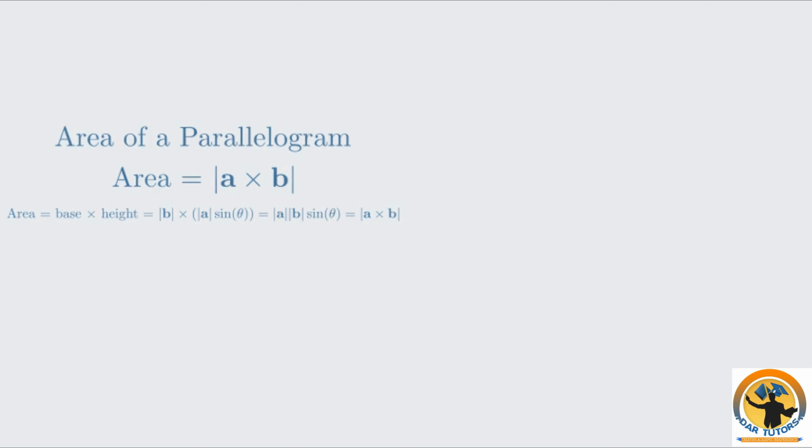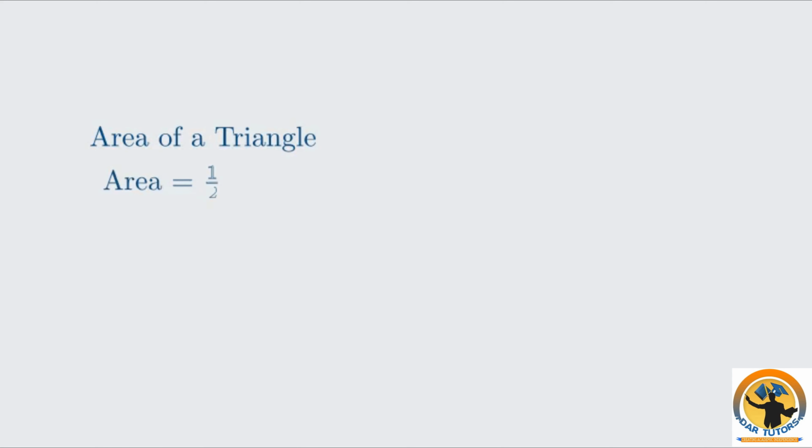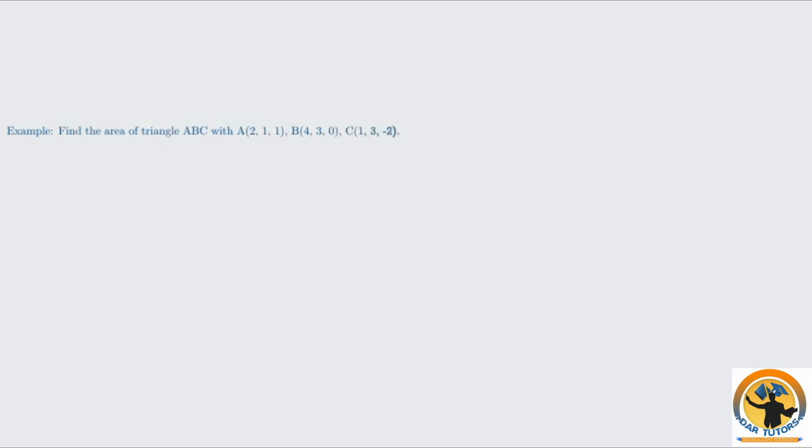Since a triangle is half of a parallelogram, the area of a triangle defined by two vectors A and B is half the magnitude of their cross product. Let's find the area of a triangle given its vertices. We want to find the area of the triangle with vertices A (2, 1, 1), B (4, 3, 0), and C (1, 3, -2).